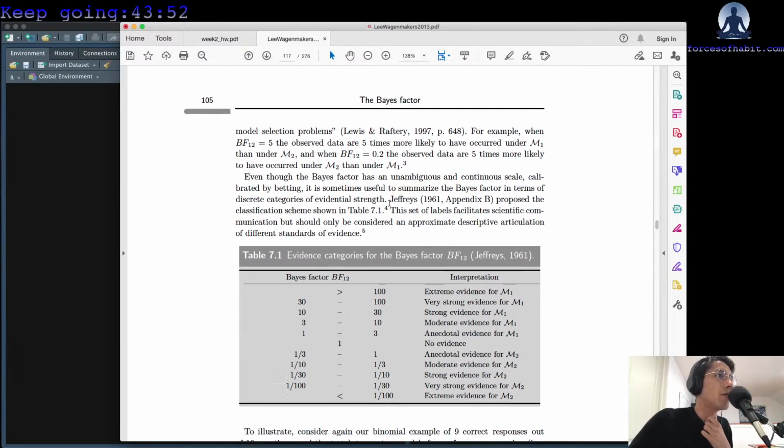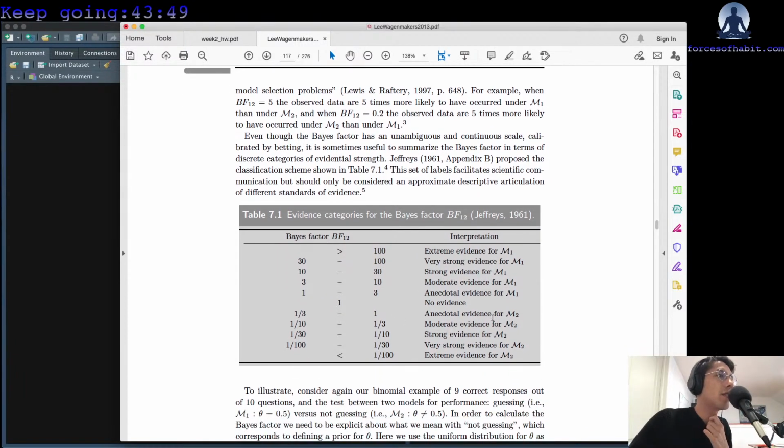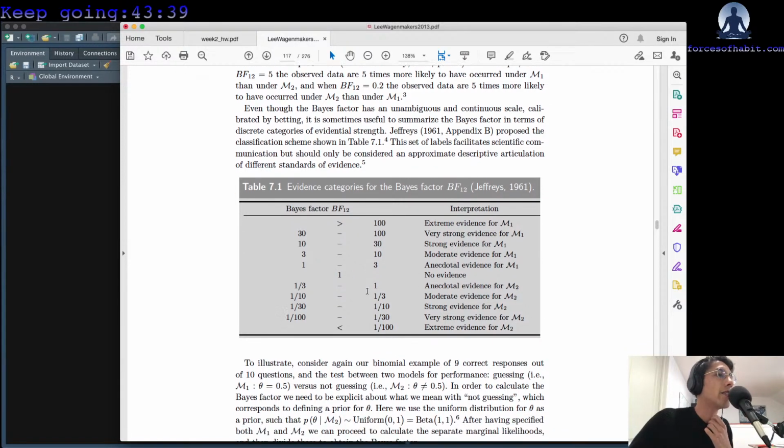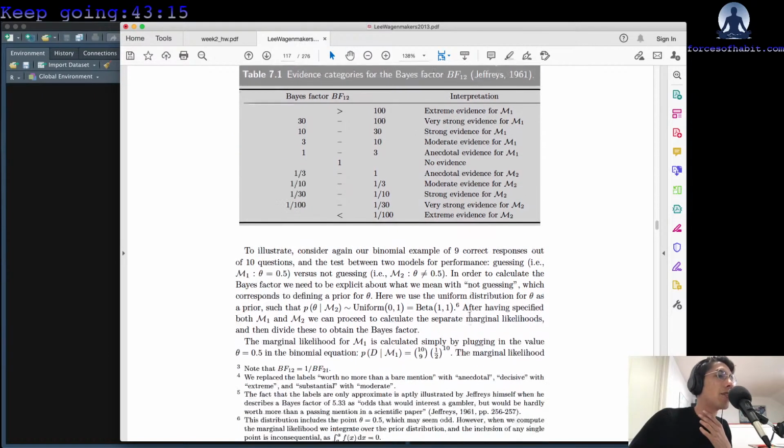And people have even gone further to create these conventional indicators for the contribution of evidence above and beyond one model or another at various values or ranges of values of this Bayes factor. So for Bayes factor for models 1, 2, we could have these sorts of ranges of evidence, or this would be the interpretation for the ratio in favor of one model or another.